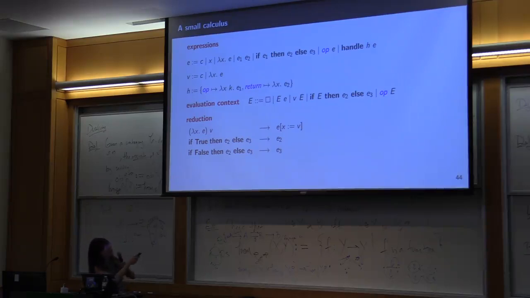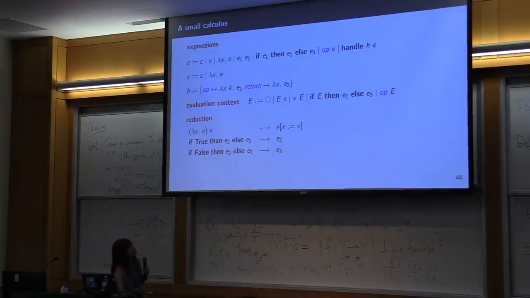I will write handle H E, so we are basically handling the computation E using the handler H. And H, in this case, is an operation clause written this way along with a return clause written this way. In practice, you will sometimes see that return clauses are not written. That just means the return clause is the identity function. There's nothing special about it, and you just omit it for simplicity.